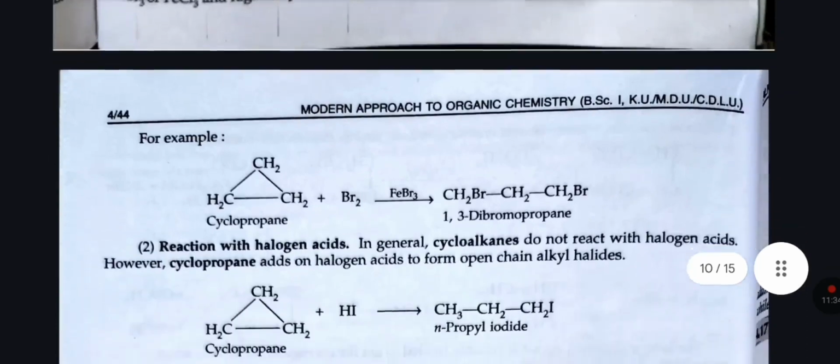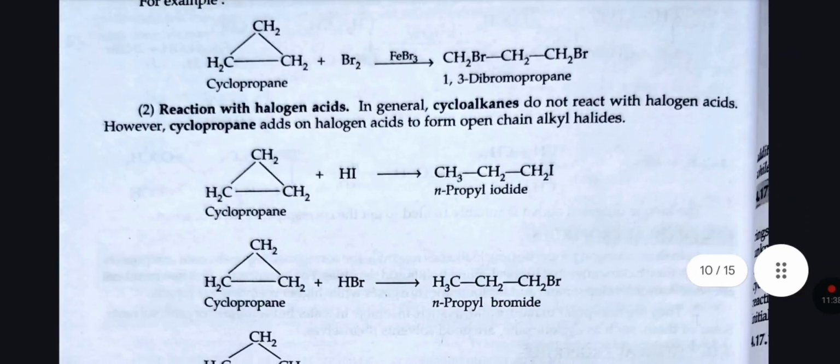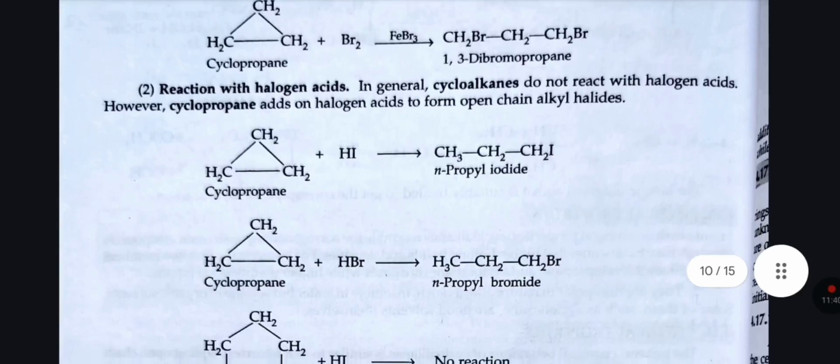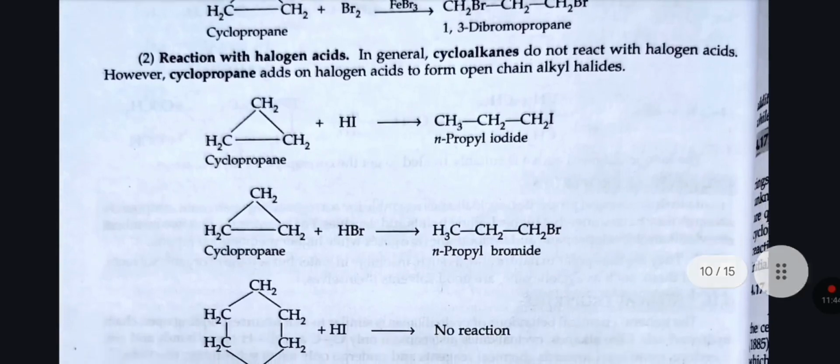For example, cyclopropane plus Br2 in the presence of FeBr3 will give 1,3-dibromopropane. Second, reaction with halogen acid. In general, cycloalkanes do not react with halogen acid. However, cyclopropane adds on halogen acid to form open chain alkyl halide.